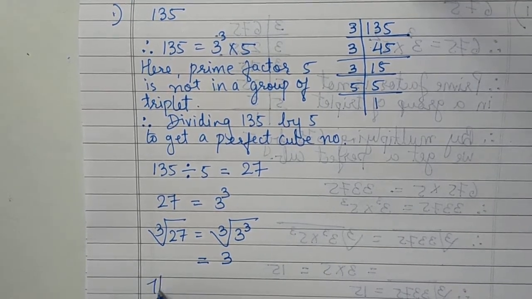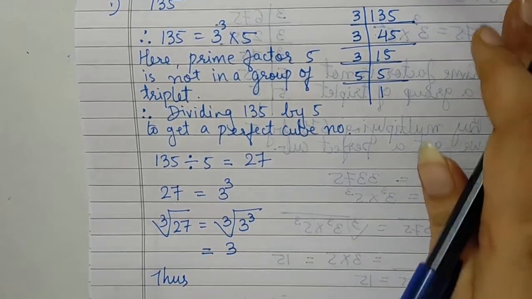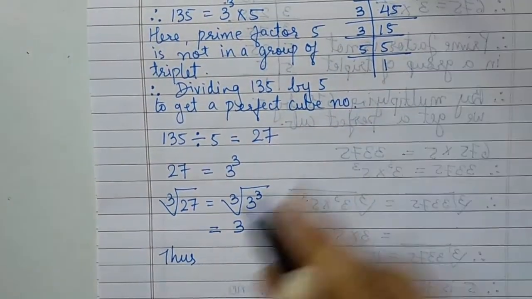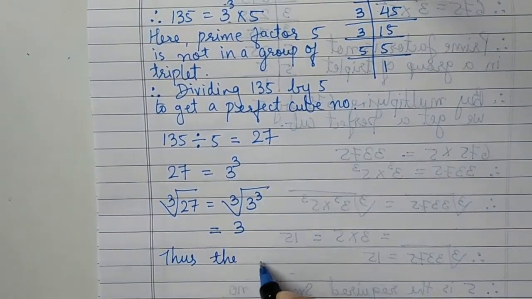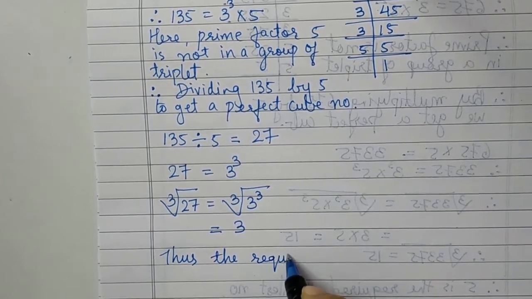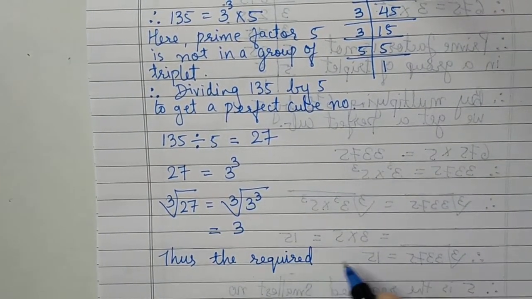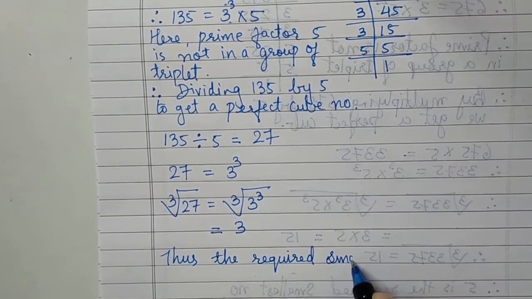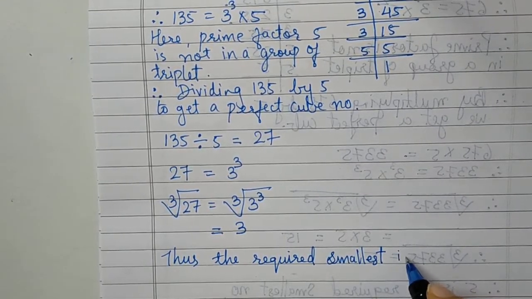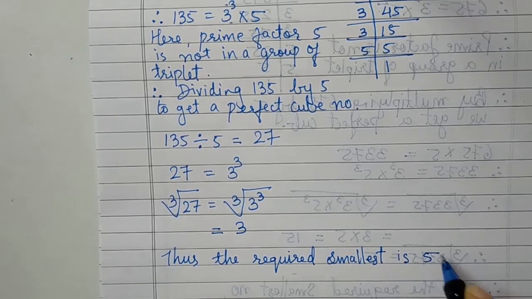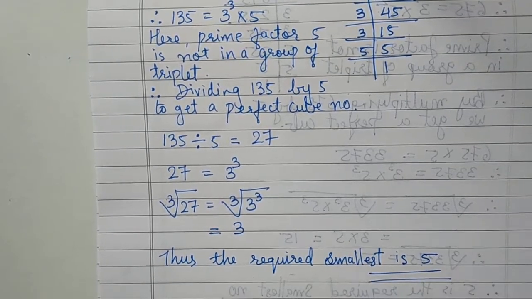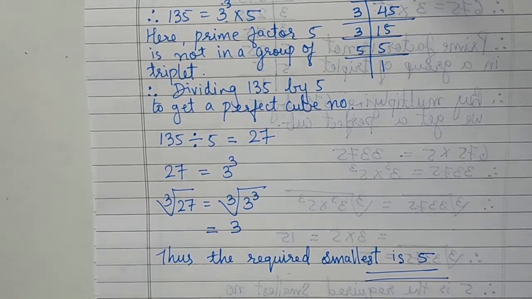And also we have to write our final answer, that is, thus the required smallest number by which 135 should be divided to get a perfect cube number is 5. We divided it by 5. So 5 is the required smallest number.